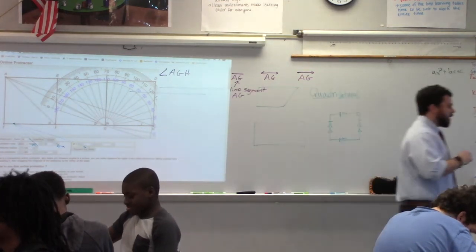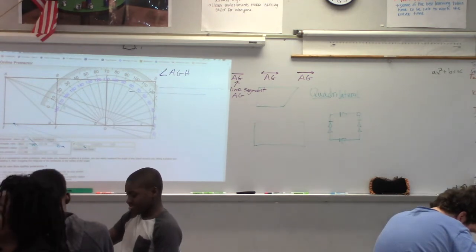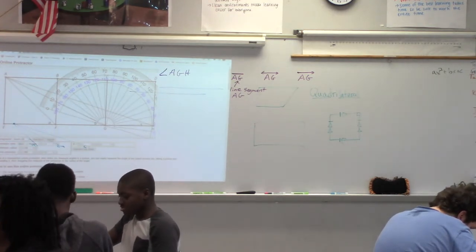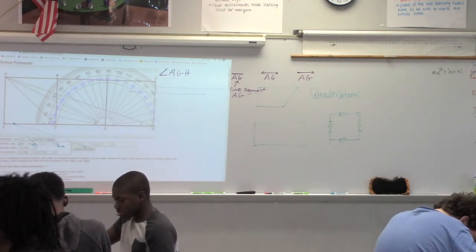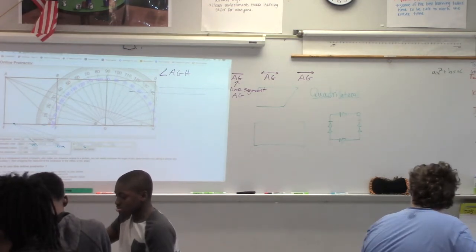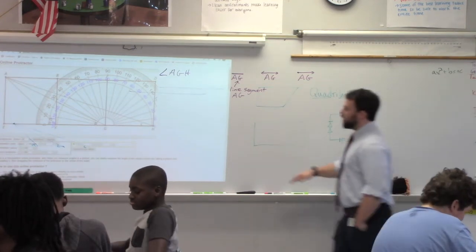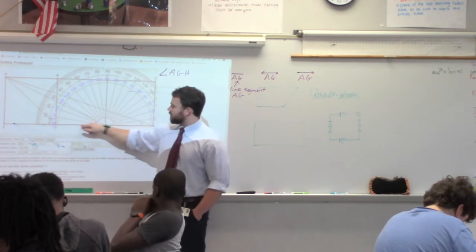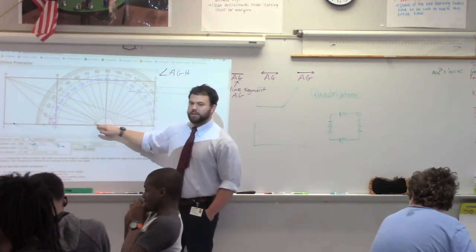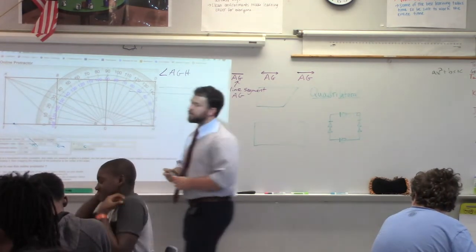From there, you need to rotate your protractor so that the protractor is level with that side. So I want you to notice, right? Here is one side of the angle I'm trying to measure. One thing to clarify, I guess I should have said this.